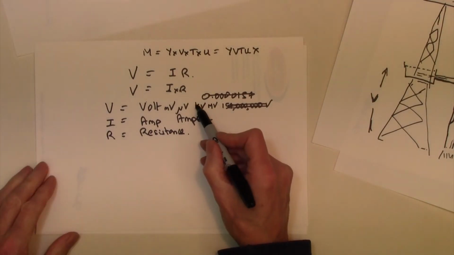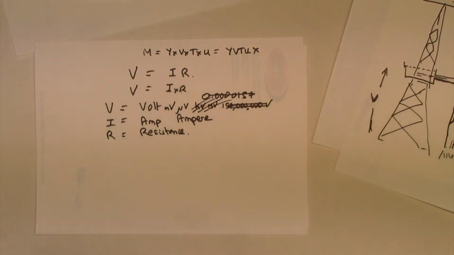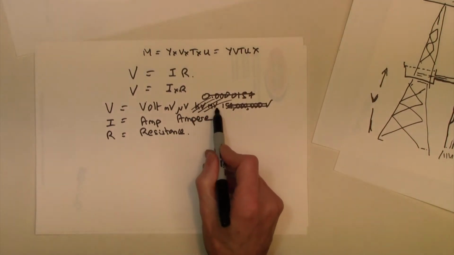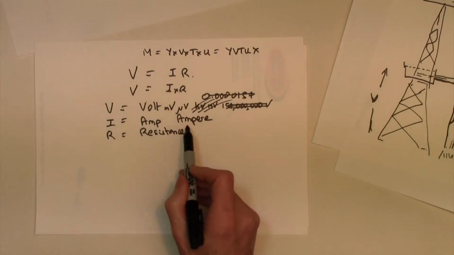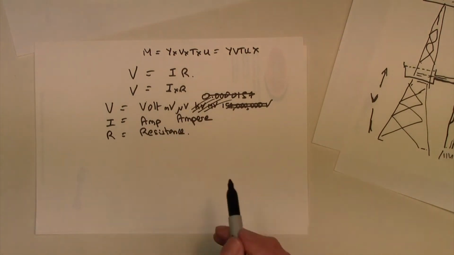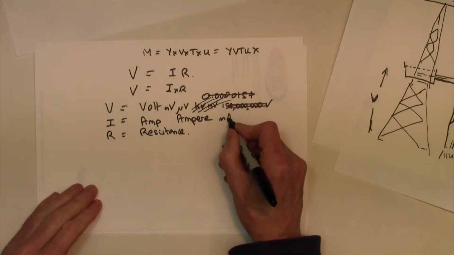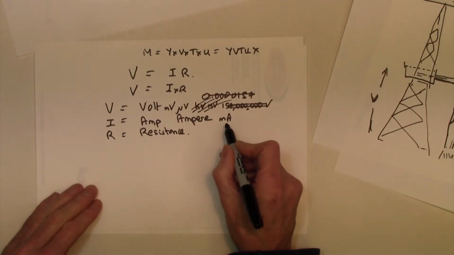We never get involved in electronics. Kilovolts. We just don't get up to anything like this kind of level. We're always dealing in volts, millivolts, and probably not microvolts either. Amperes, exactly the same. We have a milliamp, which you now know is 1,000th of an amp.